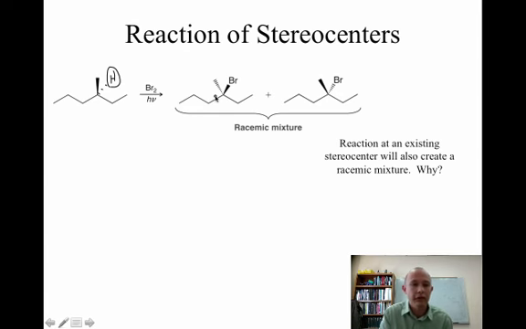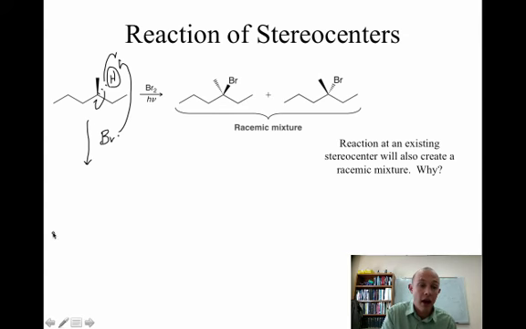Remember, the first step in a radical halogenation reaction is initiation. We form a bromine radical, and that bromine radical is going to abstract that hydrogen to form HBr and the most stable tertiary radical. But now we lost that stereochemistry because this thing is flat and achiral.